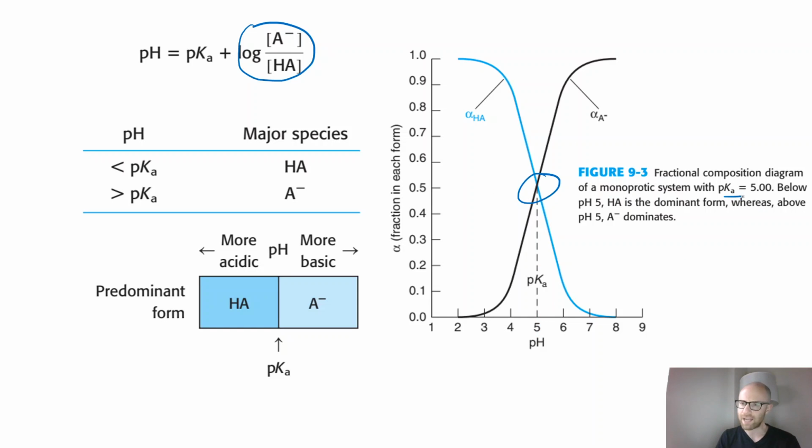They're saying this is a hypothetical pKa equals 5, so that it lines up nicely. But what we would say is, with this information, we can say the predominant form of your acid is either HA or A minus as the pH changes, and the tipping point is where pH equals pKa. That's pretty useful.